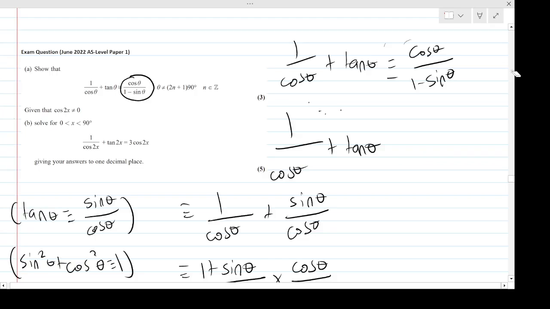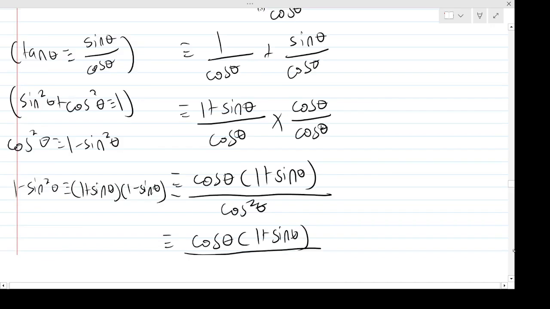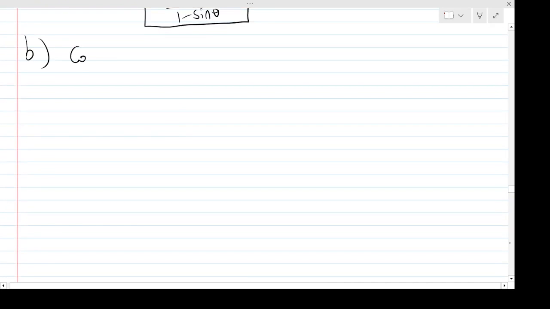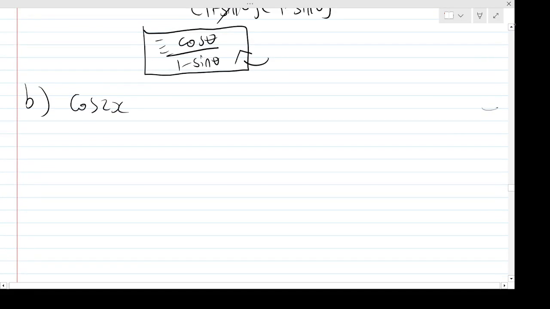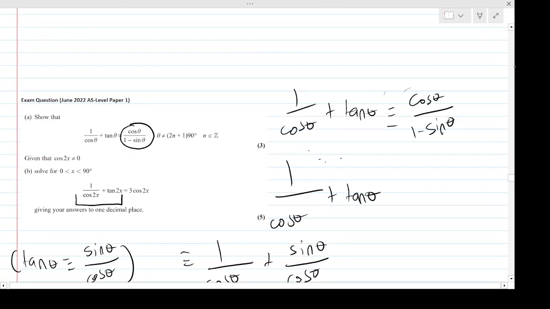The 1 over cos 2x plus tan 2x is now cos 2x over 1 minus sine 2x, obviously by just replacing theta with 2x. So cos 2x over 1 minus sine 2x is equal to 3 cos 2x.